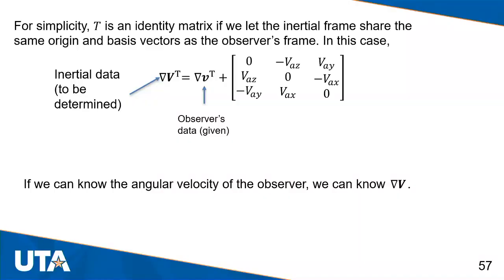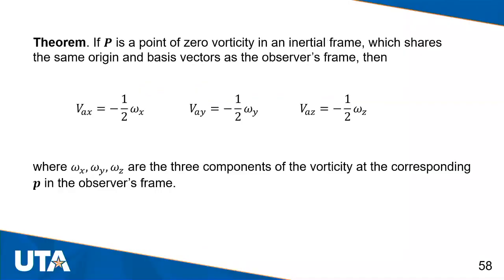So that's the general idea, and how can we do that? We first introduce a theorem. We need to find Vax, Vay, and Vaz. So how to find them?